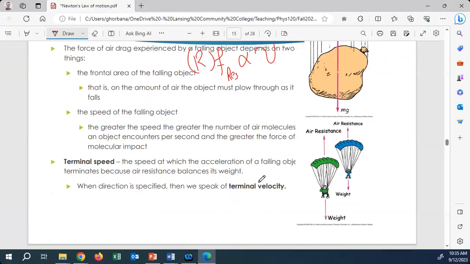So it means that you are accelerating less until your net force becomes 0. The force of gravity and the air resistance become equal, yes? Or the net force becomes 0. At this point, there is no acceleration exerting on you. At the beginning was the gravitational acceleration, which decreases until it becomes 0. And then you move with the constant velocity.